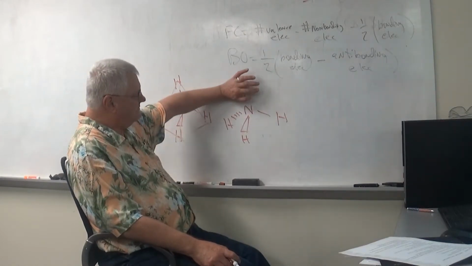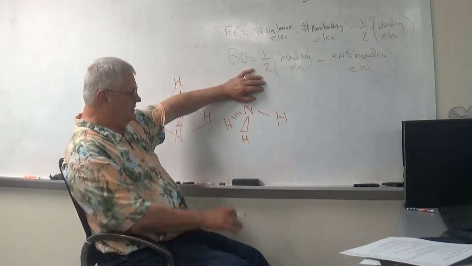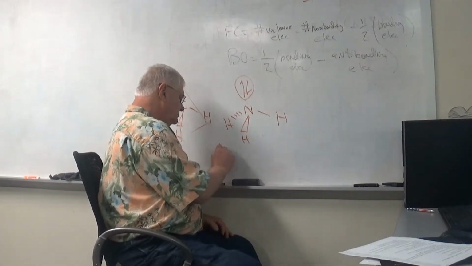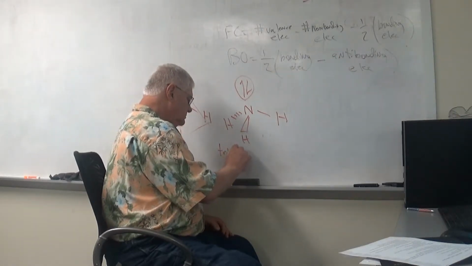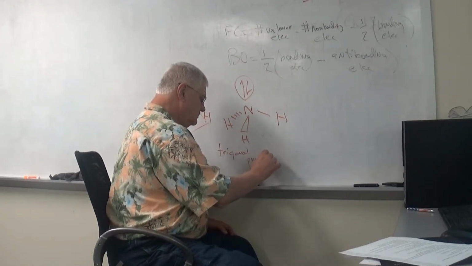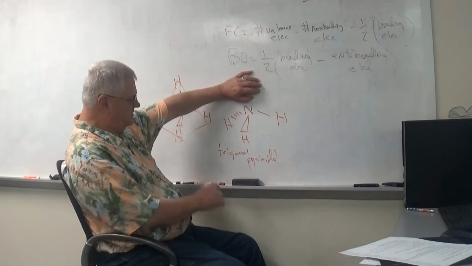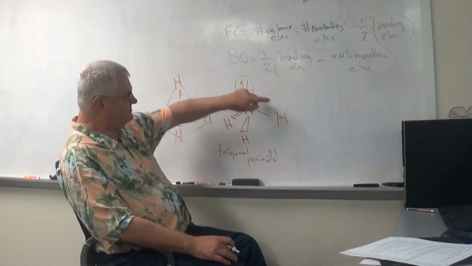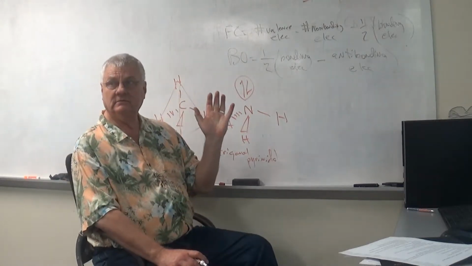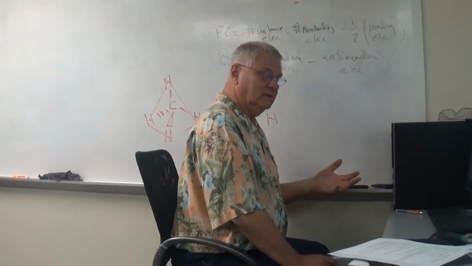But if you cover the non-bonded pair and just look at the atoms, the structure of the molecule is called trigonal pyramidal. Molecular geometry, trigonal pyramidal; electronic geometry, tetrahedral. Everybody see the difference? Yes. And it's kind of easy because the name is so simple.